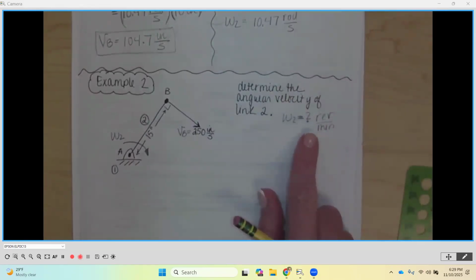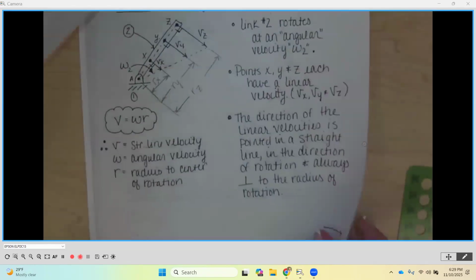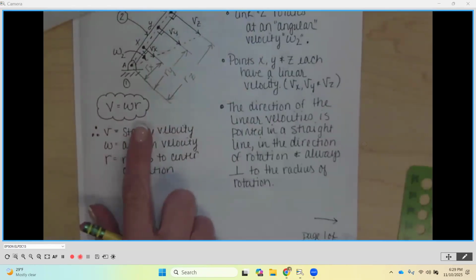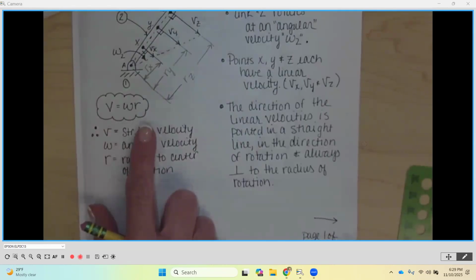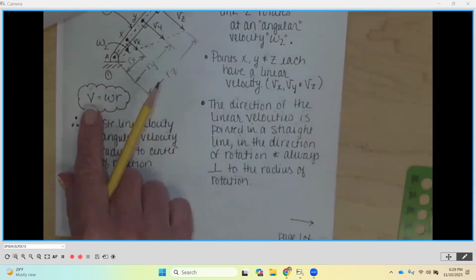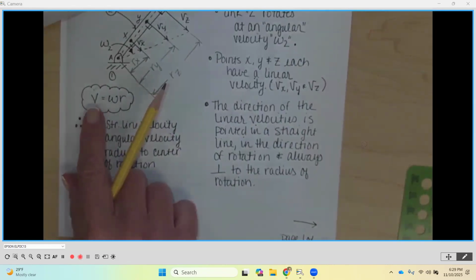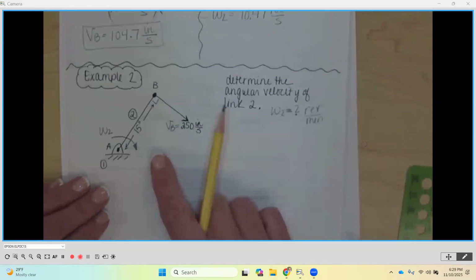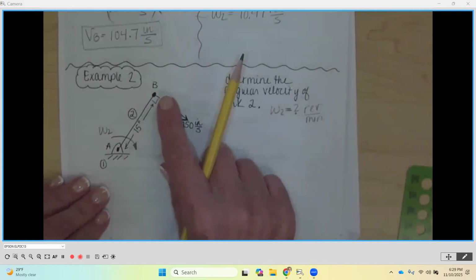But we don't know everything about W2 yet. We have to find its magnitude, right? So if we look back at this relationship, V is equal to W times R. We know what V is, the VB. We know what the radius is because we know how long that link is, and that point is on the end of it.